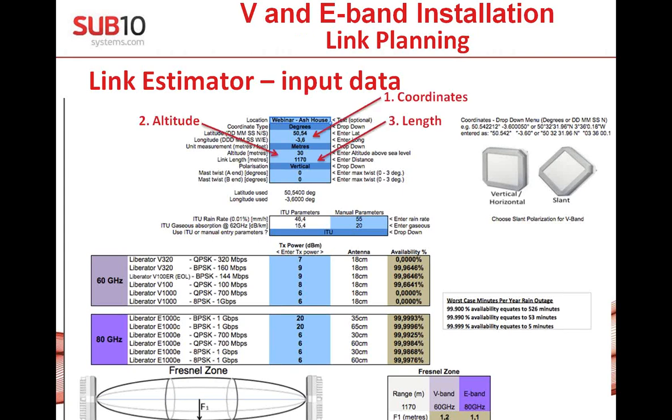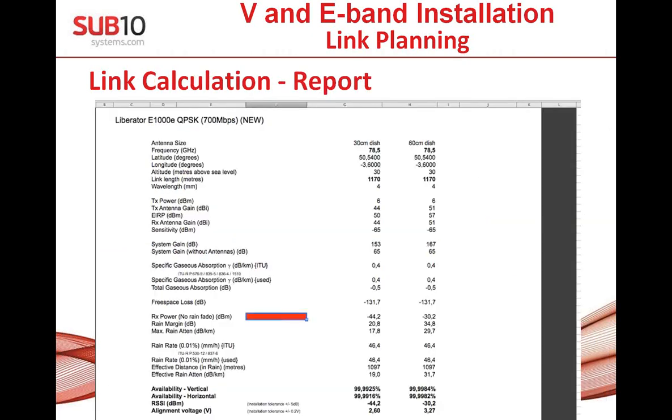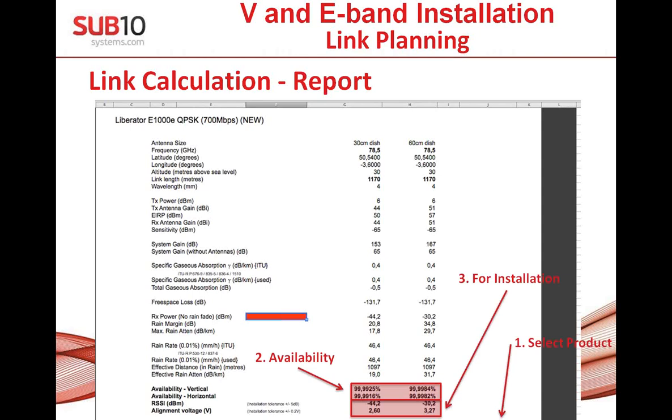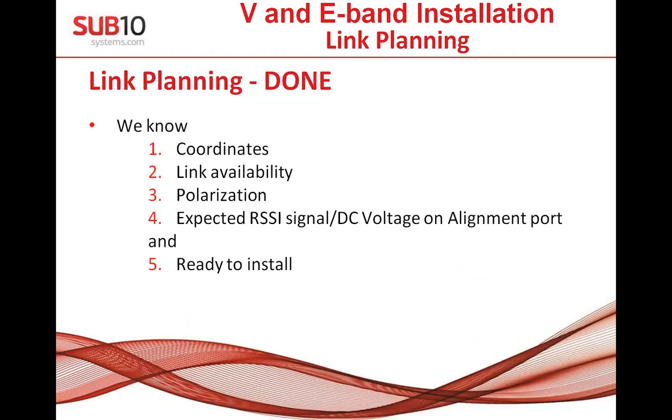What I present, you put in values, and then you have the calculation of what the link availability will be. And again, you can go to a sheet like this one, E1000 QPSK, and you will see the availability. And again, for installation, you will see this DC equivalent to RSSI.